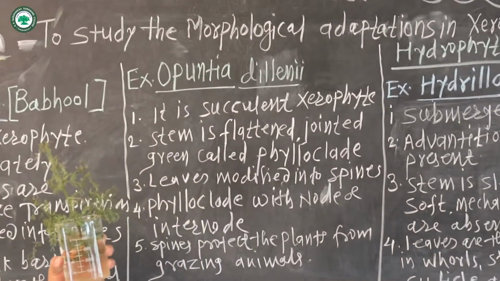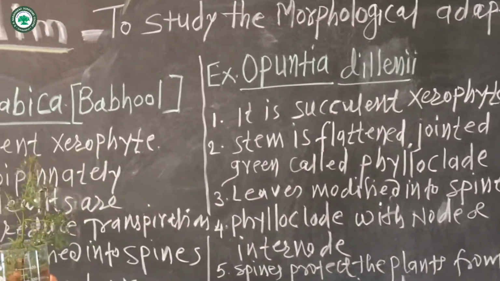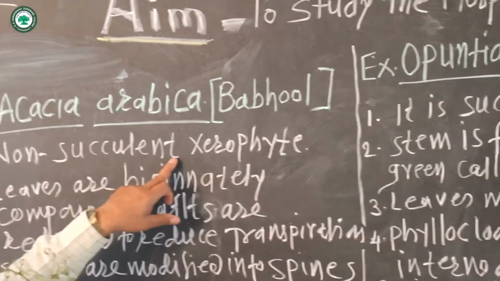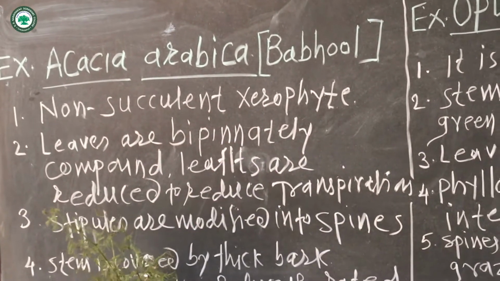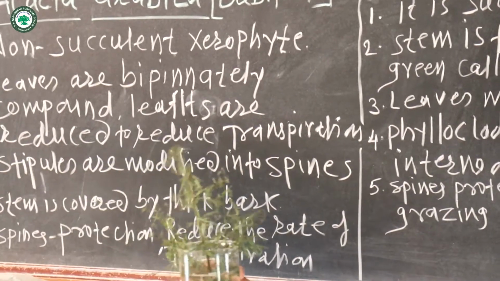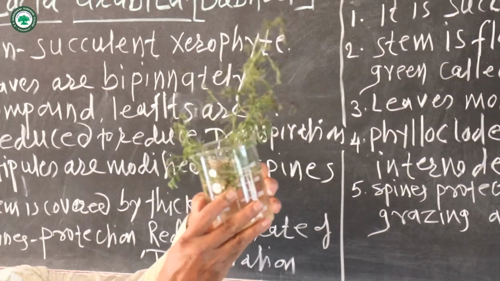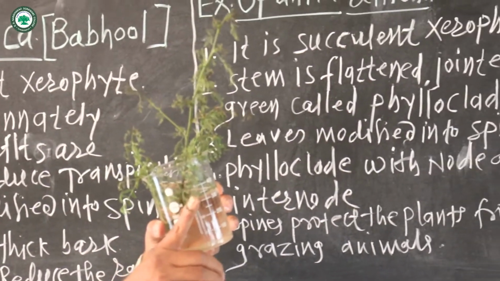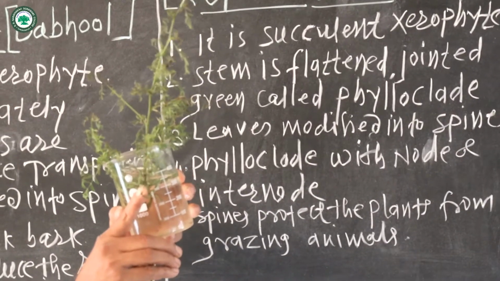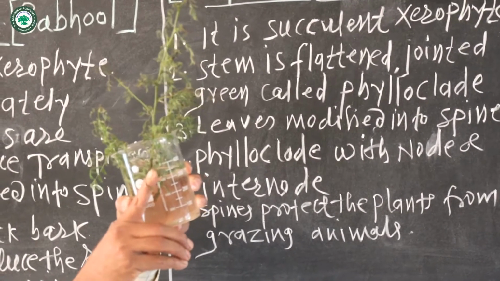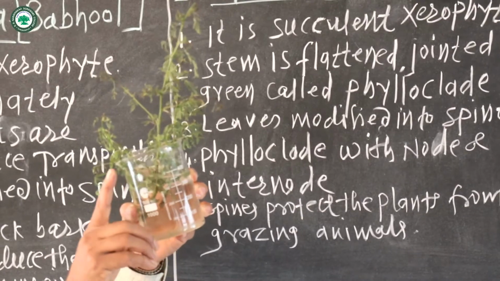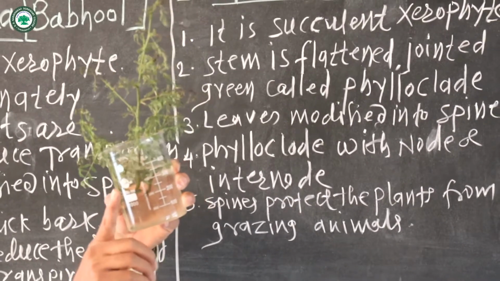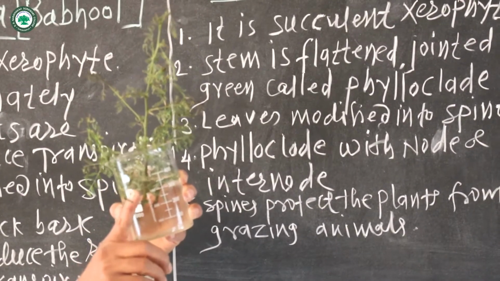Characteristic features of this plant are: non-succulent xerophyte, leaves are bipinnately compound. See this, the leaves are bipinnately compound. Leaflets are reduced, to reduce the rate of transpiration.